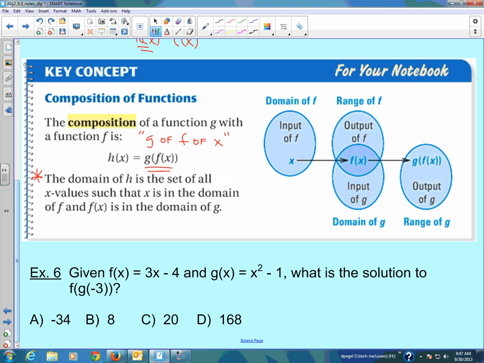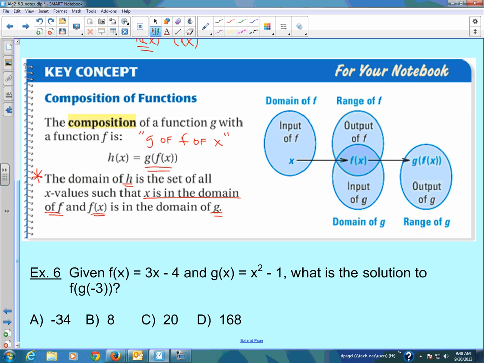Now this is an important statement, much like it was when we were talking about the operations on functions. When the domain is related to a composition, you have to have the following two conditions met. First condition, the domain of that new function is the set of all x values that satisfy the two conditions. x is in the domain of the f function, the original one that's plugging in, and f of x is in the domain of g.